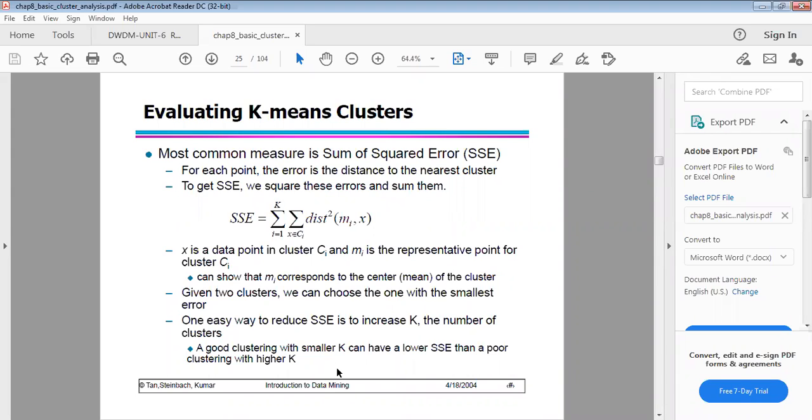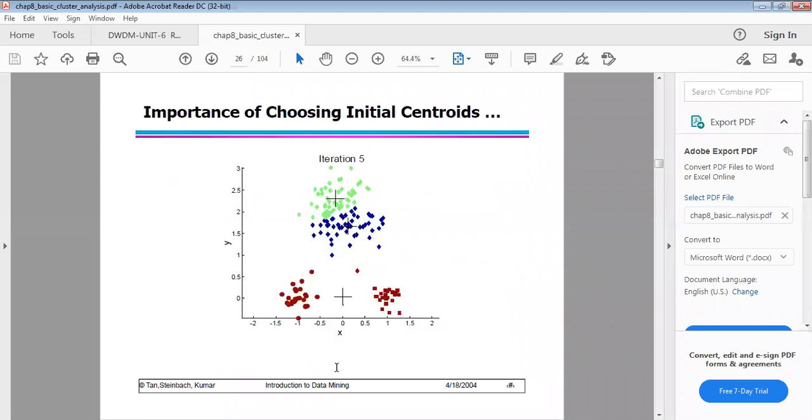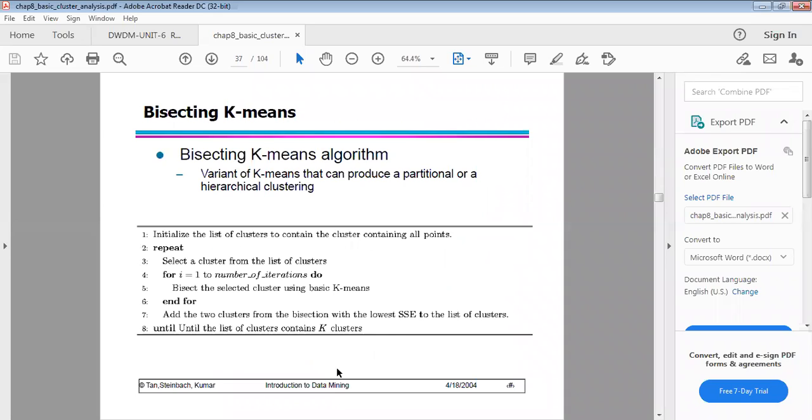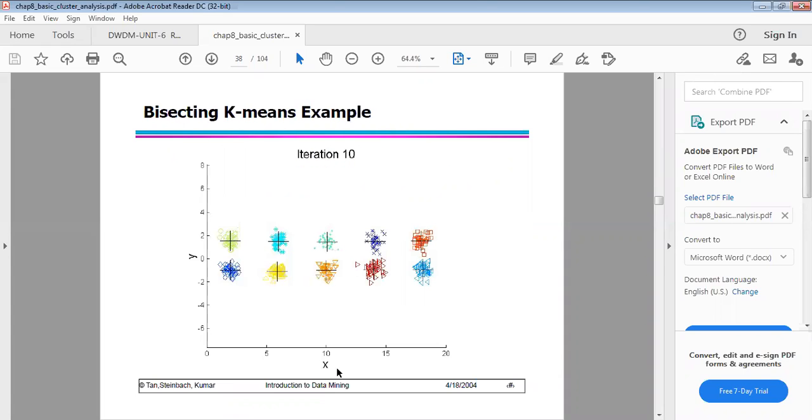See this formula: sum of squared error equals the summation of i equal to 1 to k, over x belonging to C of i, of distance squared of m of i comma x. By using this formula you can find it. Add the 2 clusters from the bisection with the lowest SSE to the list of clusters until the list contains k clusters.